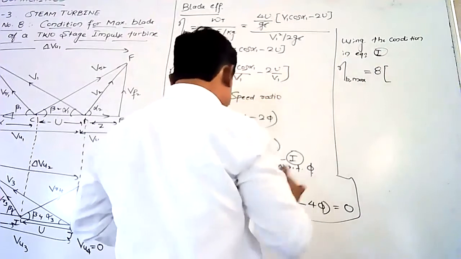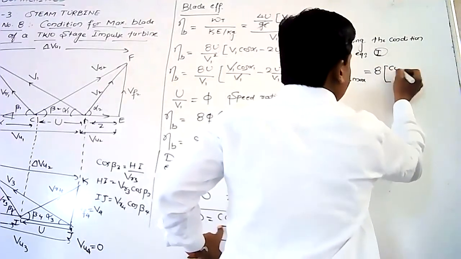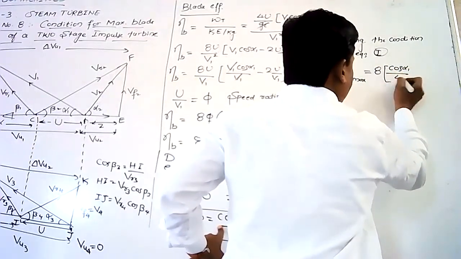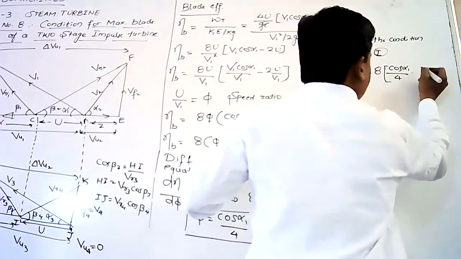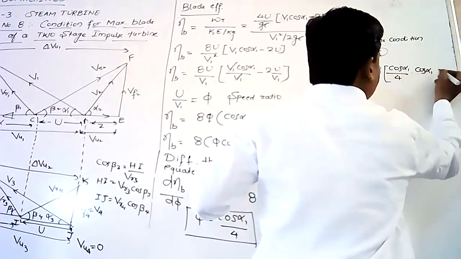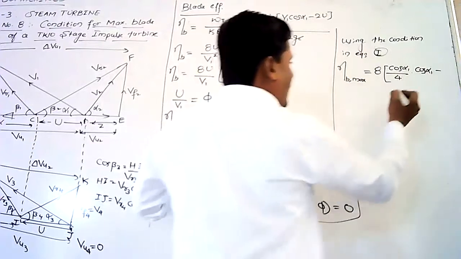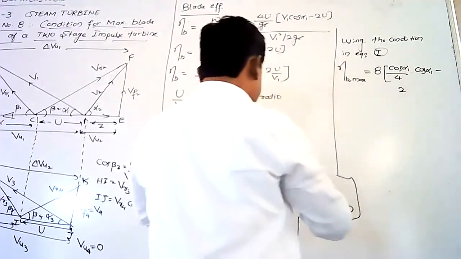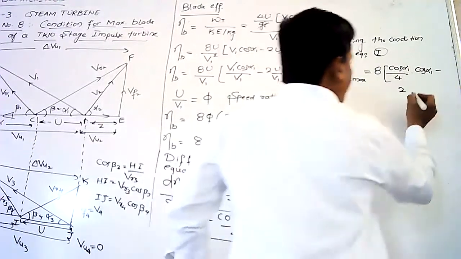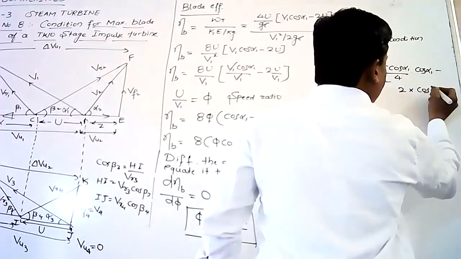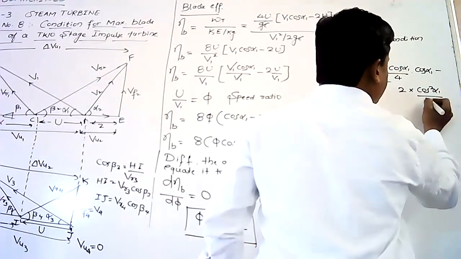into phi, which is cos alpha 1 by 4, into cos alpha 1 as it is, minus 2 times phi square, which is cos square alpha 1 by 16.